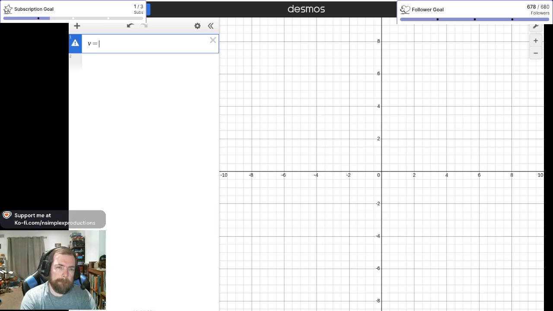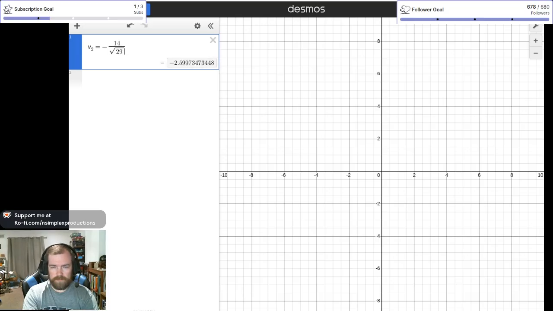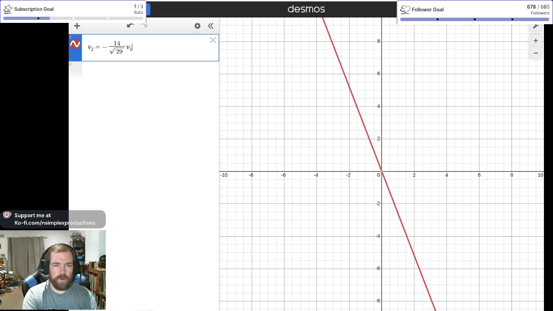Tell you what, v in the second direction is equal to negative x over y times 14 over square root 29. V1.